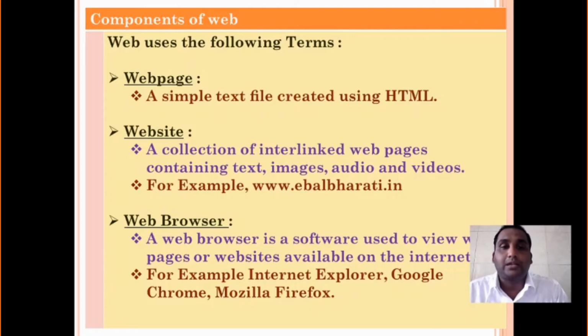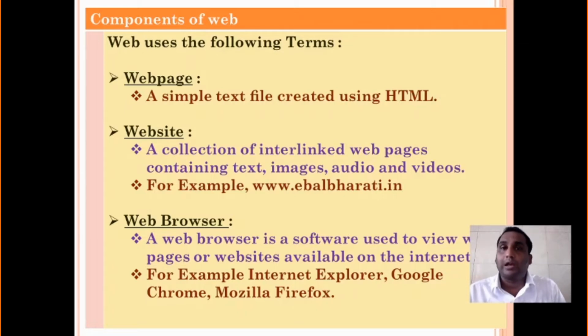What is a website? A collection of interlinked web pages. Many such web pages, when they are linked together, make up a website. A collection of interlinked web pages containing text, images, audio and videos.